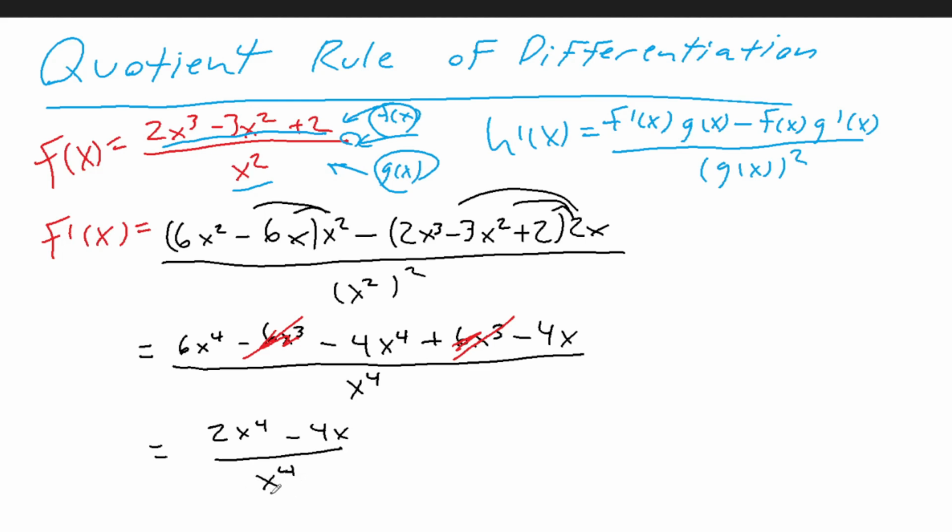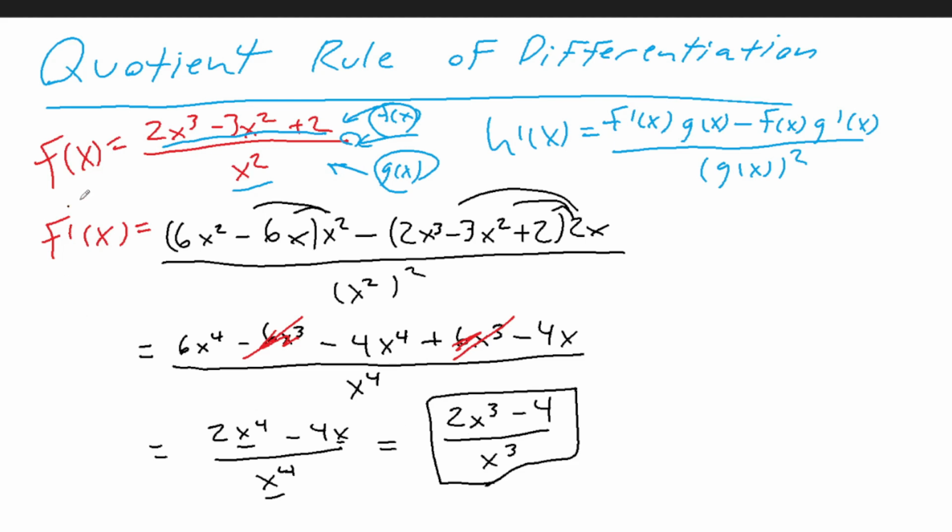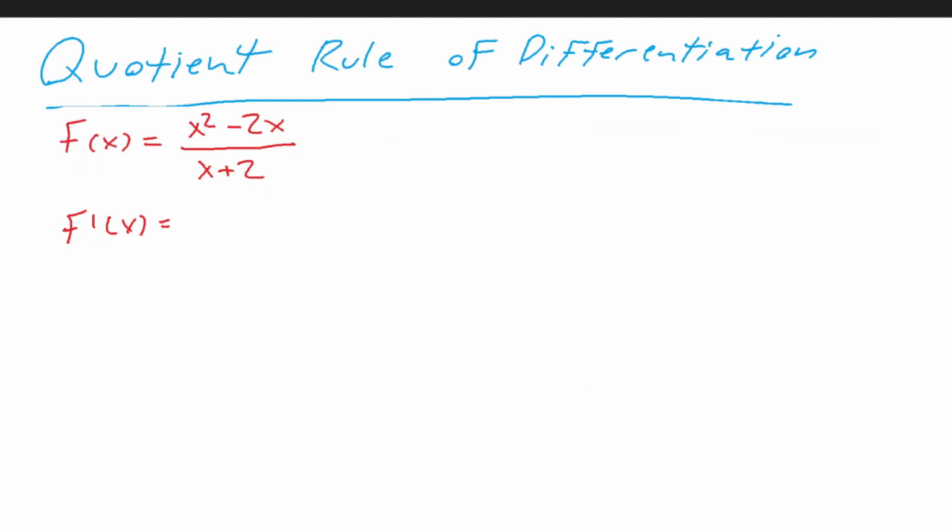And since all of these terms have an x in them, we can cancel out one of those x's, and we can rewrite this as 2x cubed minus 4 all over x cubed. And that is our final answer. So f prime of x is equal to 2x cubed minus 4 over x cubed.